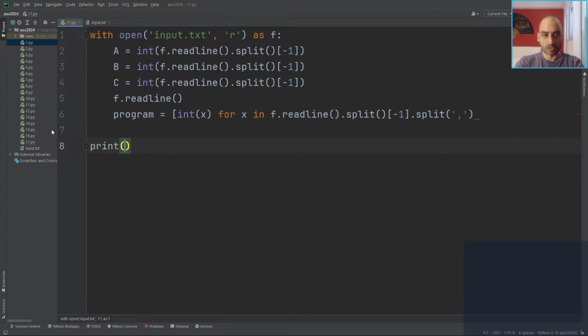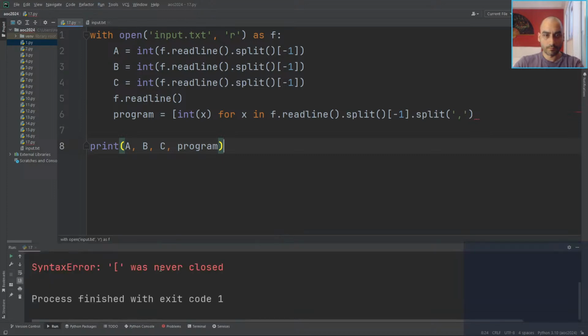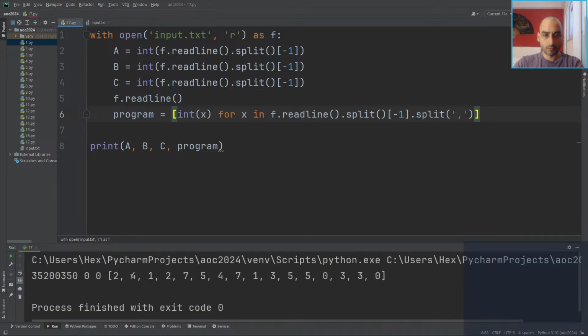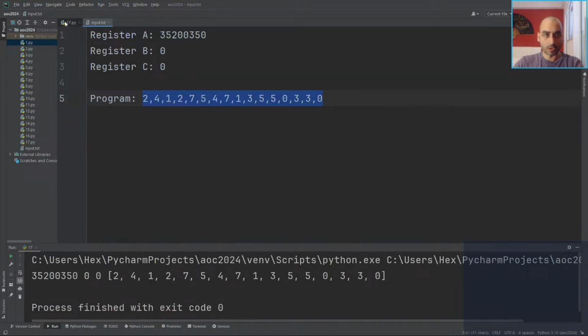Okay, let's just check this. A, B, C, program. Okay.